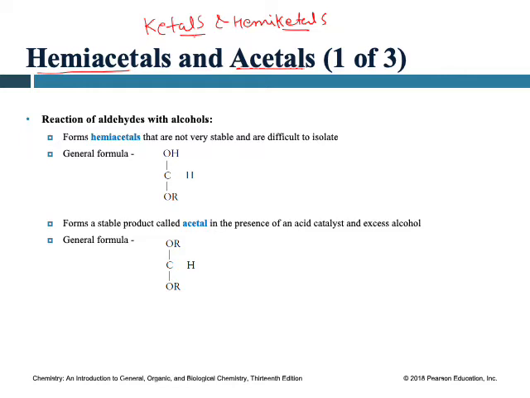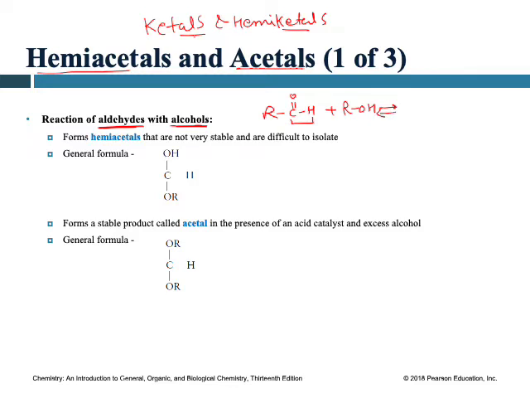So we form hemiacetal and acetal when an aldehyde reacts with an alcohol. So that means, what is an aldehyde? This is R, C double bond O, H. This is your aldehyde group. When it reacts with an alcohol, this is a reversible reaction.